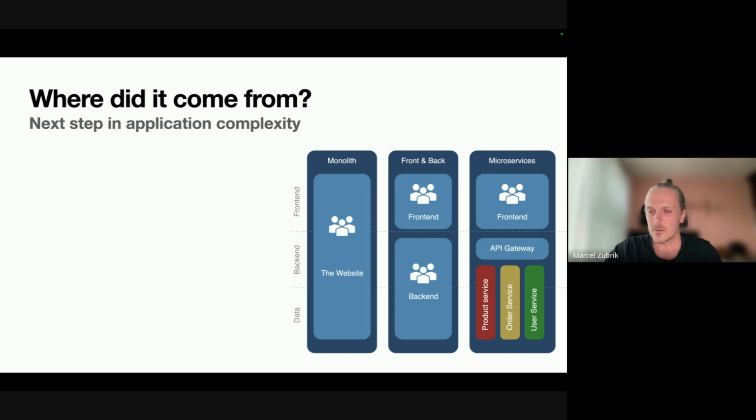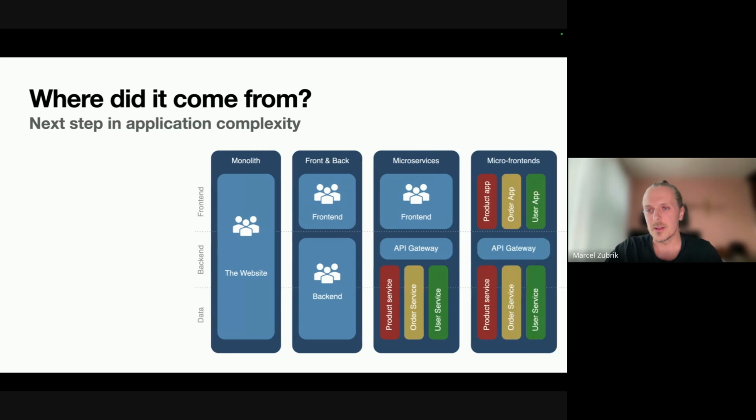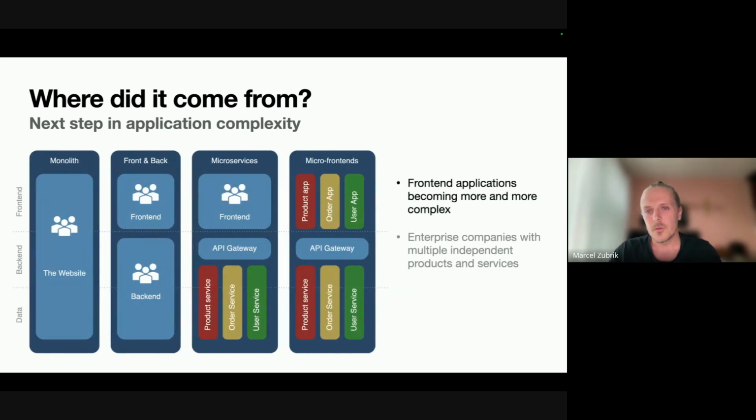We split the application vertically, so we can handle them separately. And the same thing we are doing for front ends, because if you have a really huge application, and on the front end you have different areas which are now being used in different ways, you may want to split it also vertically.